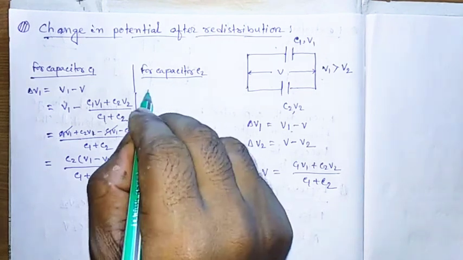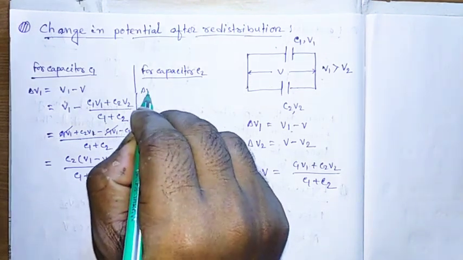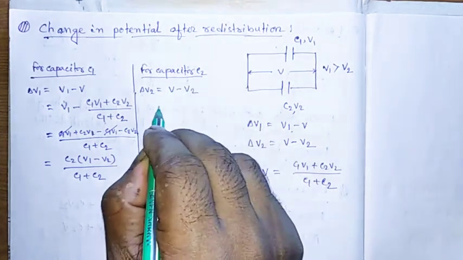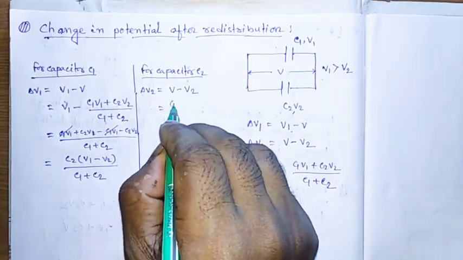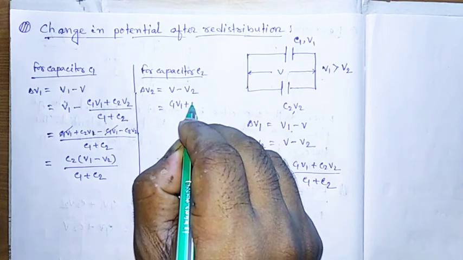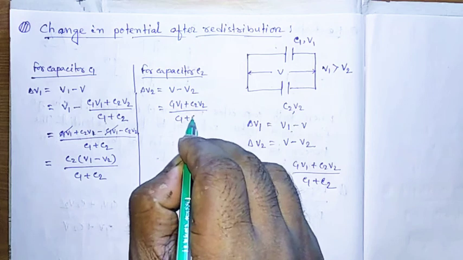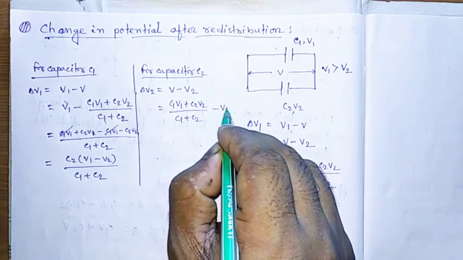For capacitance C2, delta V2 is equal to V minus V2. It is equal to (C1 V1 plus C2 V2) divided by (C1 plus C2), minus V2.